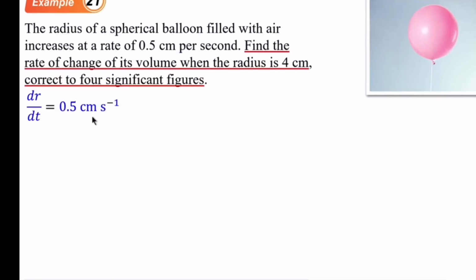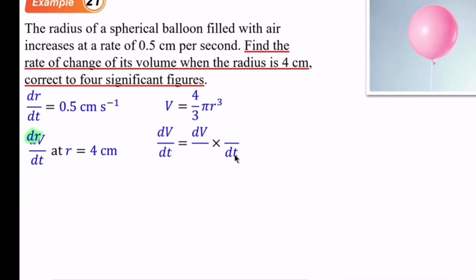For a spherical balloon, we have to write down the formula so that we can have a relationship between volume and radius. We are also given the rate of increase: the radius increases at 0.5 centimeter per second, and we're asked to find the rate of change of volume, which is dV/dt, at radius equal to 4 centimeter, right? The formula shows the relationship between volume and radius, so from the volume formula we will differentiate.